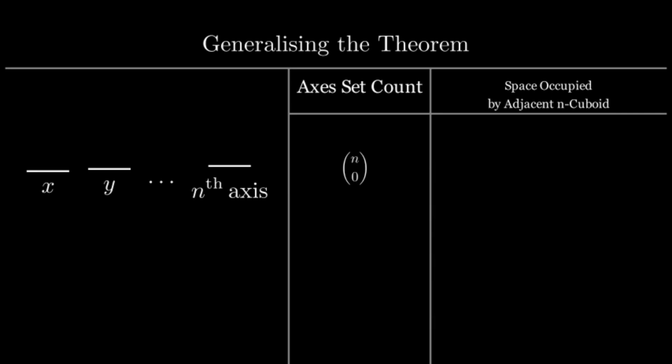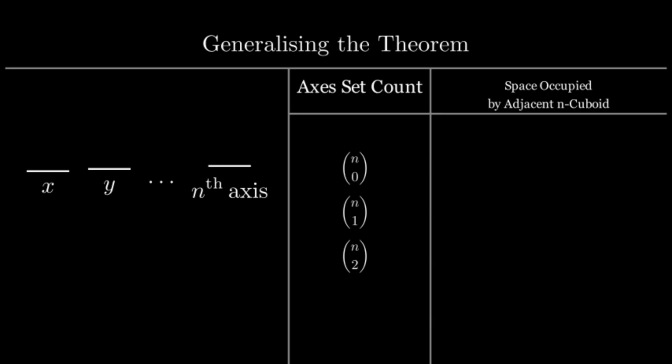How many sets of 1 axes do we have? N choose 1. So it would have n choose 1 origin adjacent edges. How many sets of 2 axes do we have? N choose 2. So it would have n choose 2 origin adjacent faces, and so on until we get to n choose n minus 1 origin adjacent surfaces.